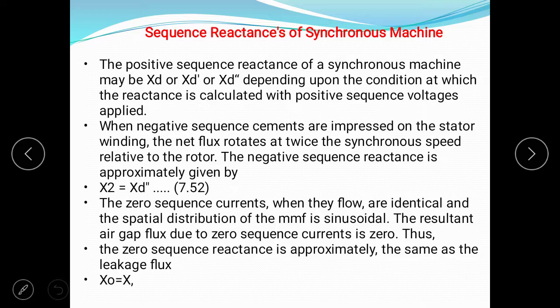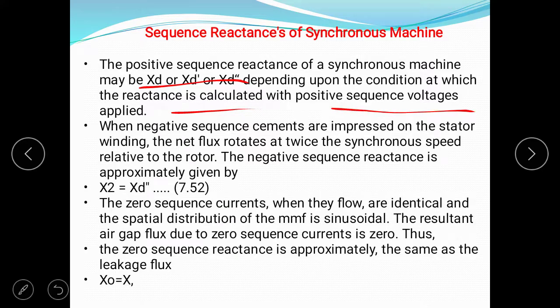Next is sequence reactance of a synchronous machine. The positive sequence reactance of a synchronous machine may be Xd, Xd dash or Xd double dash. Xd is the synchronous reactance, Xd dash is the transient reactance and Xd double dash is the subtransient reactance, depending upon the condition at which the reactance is calculated with positive sequence voltage applied.